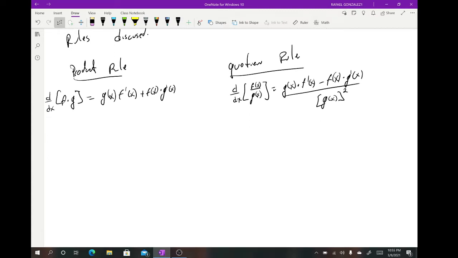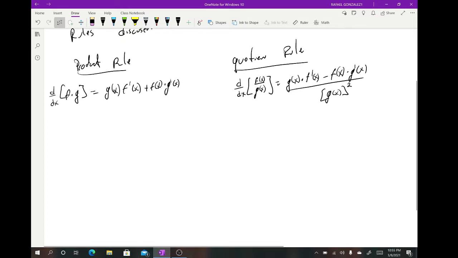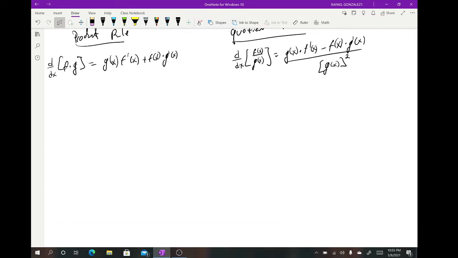Now, the chain rule helps us solve problems that neither of these rules by themselves can actually solve. So I'm gonna make a little table of some typical functions that you could solve without the chain rule, and on this side, some functions that you have to solve with the chain rule. There's no other way of solving them.